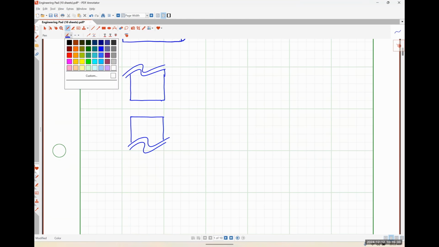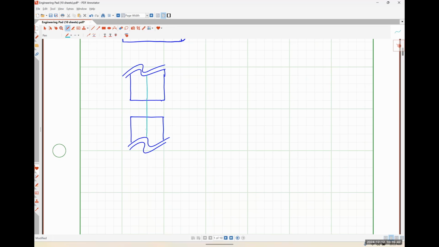So I believe I've been doing our flux lines in this light blue color. What we should see is that through the center, the path of our flux lines is effectively uninterrupted.